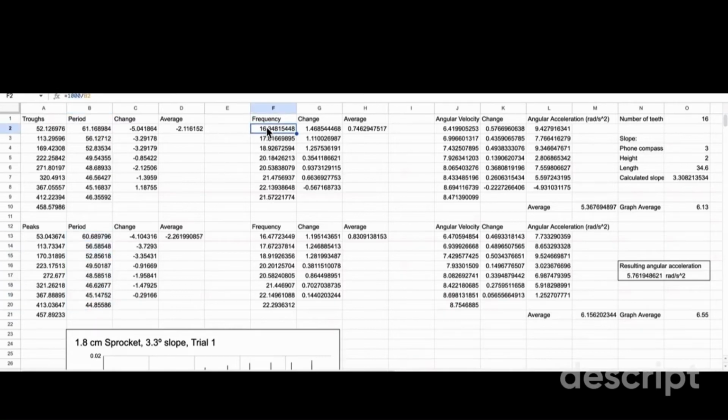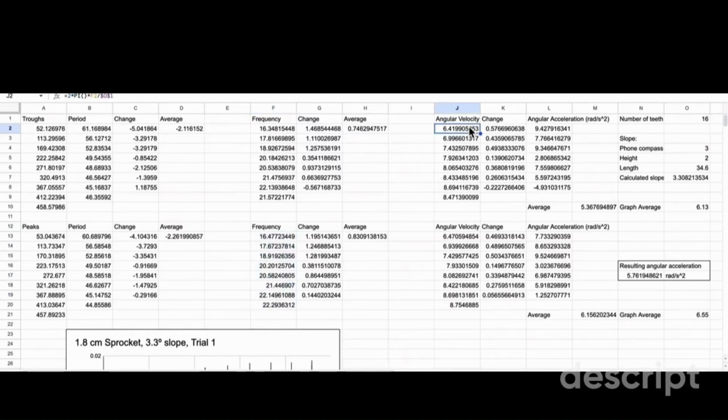From that, we can find the frequency because we know that period equals 1 over frequency, but since period is in milliseconds and frequency is in hertz, we need to multiply by 1000 to find the correct frequency for each one. So we have the roughly instantaneous frequency for each time period.